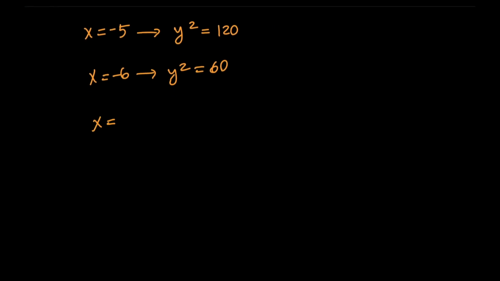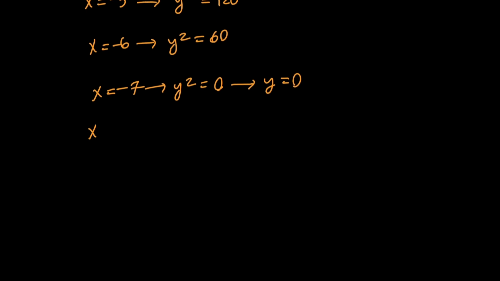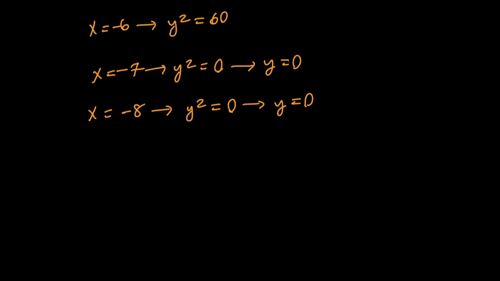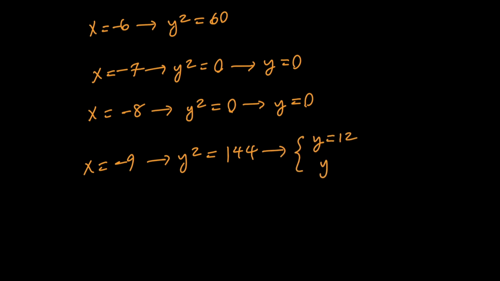But if x equals negative 7, y squared is going to be 0, which means that y equals 0. If x equals negative 8, y squared is 0, which means that y is 0 as well. And finally, if x equals negative 9, y squared is going to be, again, 144, which means that y is 12, or negative 12.